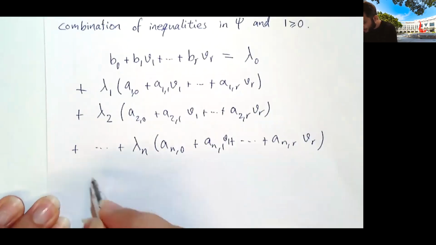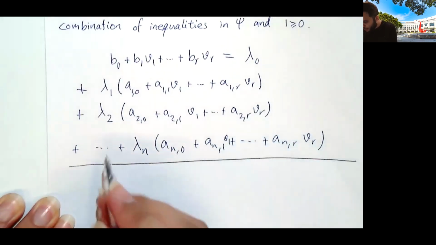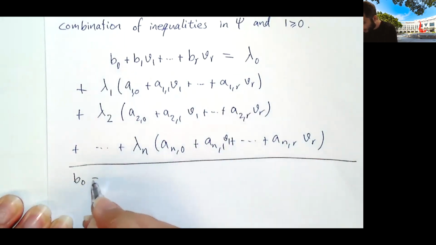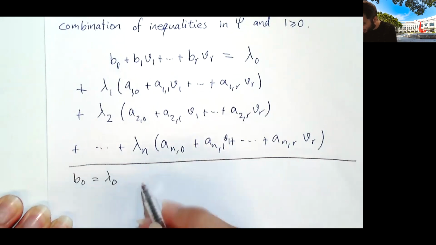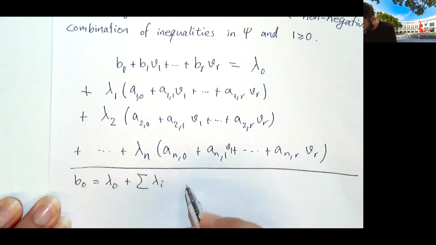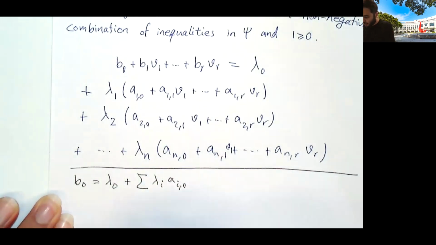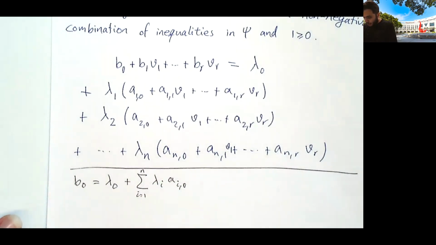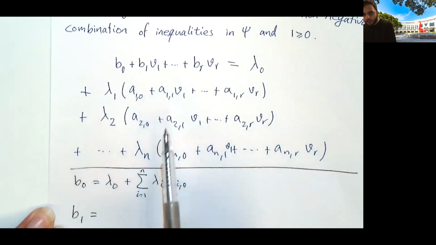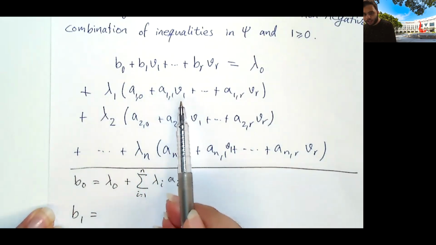Okay, so let's actually write these down. First of all, we know that B0, which is the constant coefficient on the left-hand side, should be equal to the constant on the right-hand side, which is lambda 0 plus sum of lambda i, Ai0, where i is from 1 to n. Okay, how about the other one? So B1, which is the coefficient of V1 on the left-hand side, should be equal to the coefficient of V1 on the right-hand side.